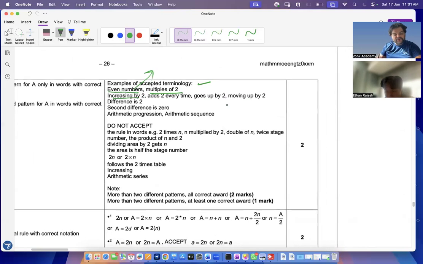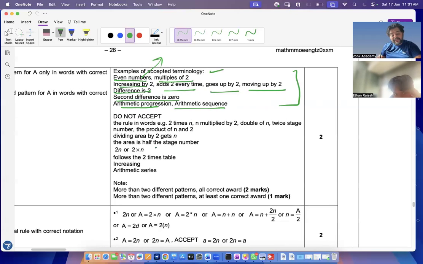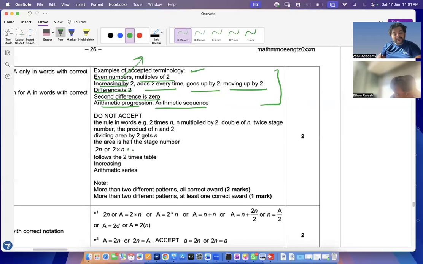Increase by 2 also you can write. Add 2 every time, goes up by 2, moves up by 2. Difference by 2, second difference is 0. Okay, arithmetic progression, arithmetic sequence, anything you can write, but you have to write 2 to be accepted. What is not accepted is when you say the general term of it, because that is not being asked.